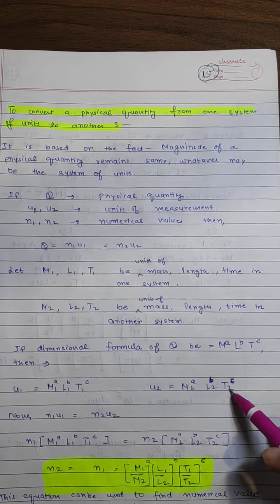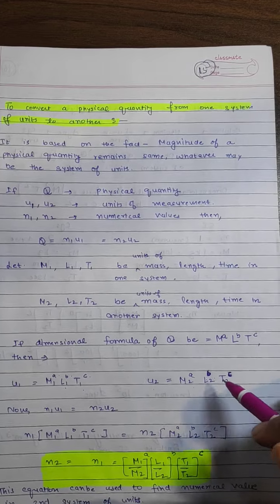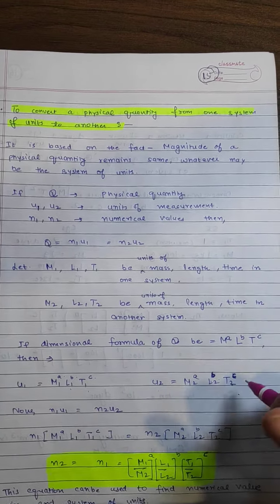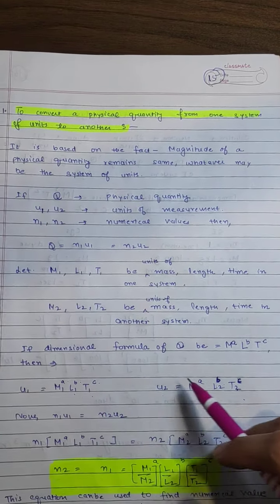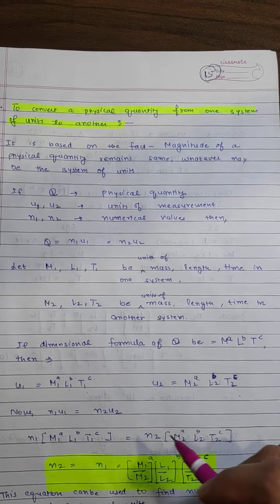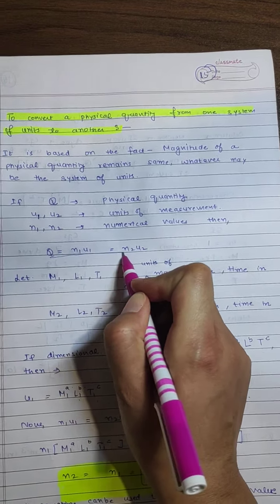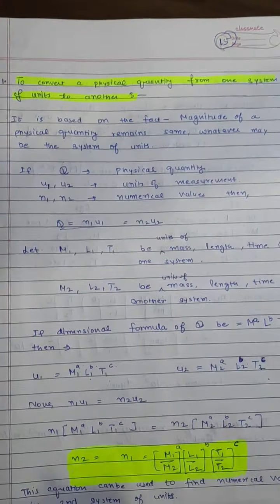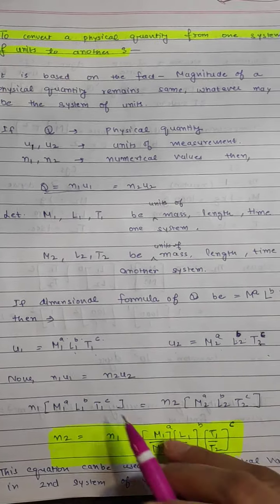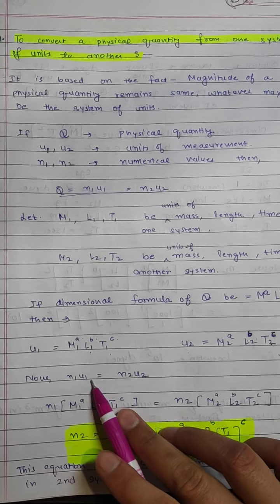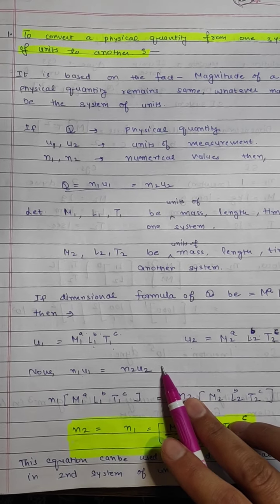Only the system of units is changed. Otherwise, force will remain the same whether it is in SI or CGS. That's why the dimensional formula will remain the same. Now, what is the fact? What is the principle? Q is equal to N1 U1 is equal to N2 U2. So I have written here, this is the principle, N1 U1 is equal to N2 U2.